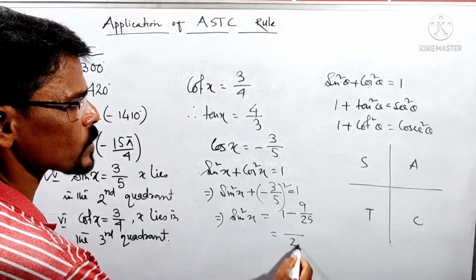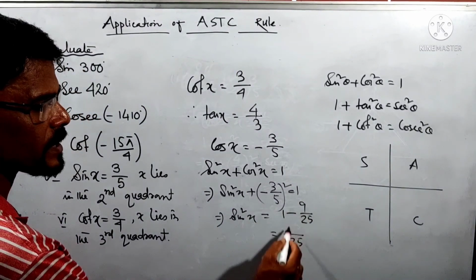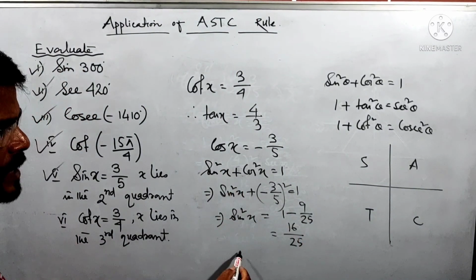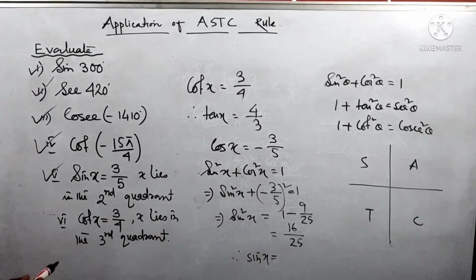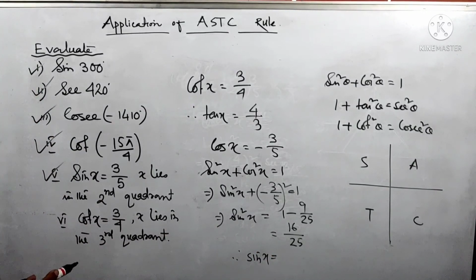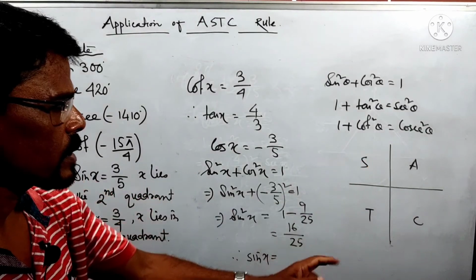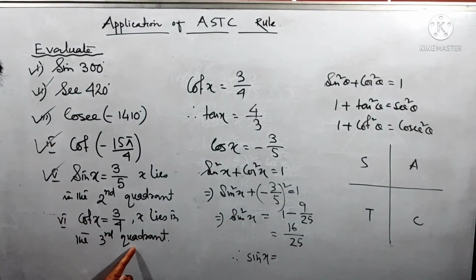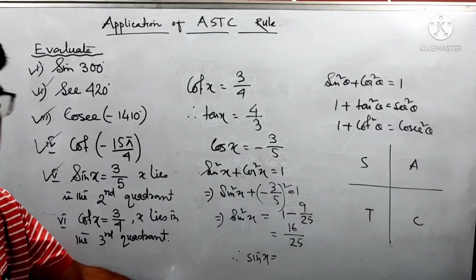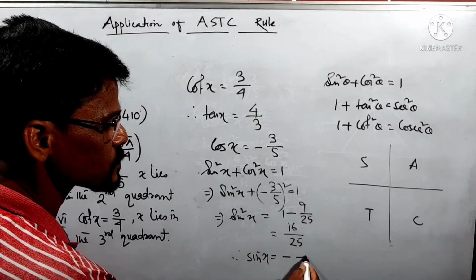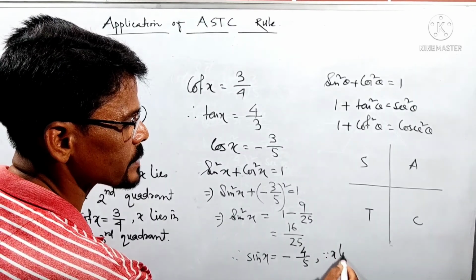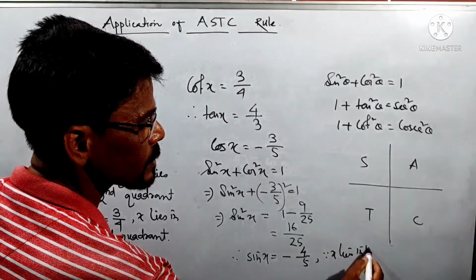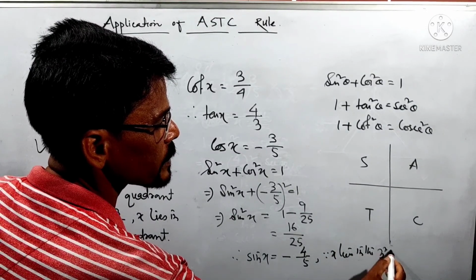So taking LCM 25, it is 25 minus 9, 16. Therefore, sin x equal to either plus or minus again. According to the ASTC rule, x lies in the third quadrant, that's why sin x will be negative. So therefore it is minus 4 by 5, since x lies in the third quadrant.